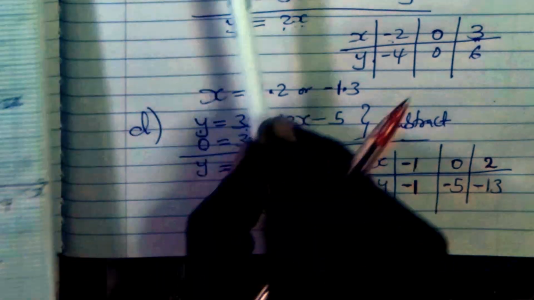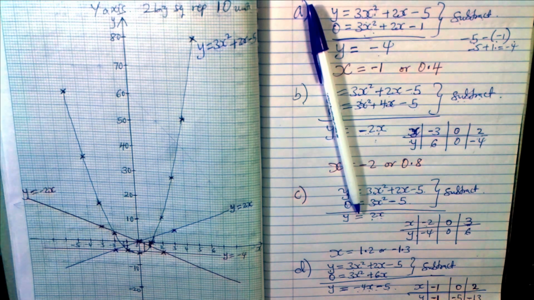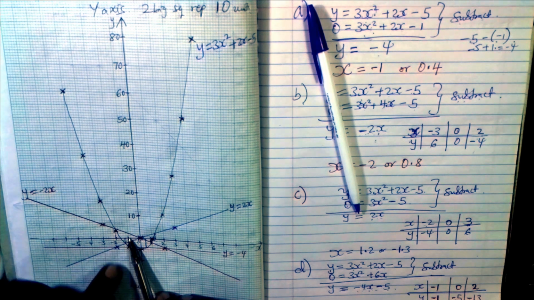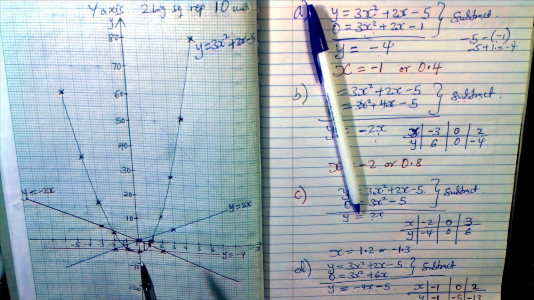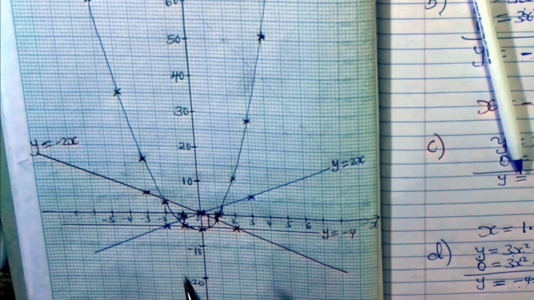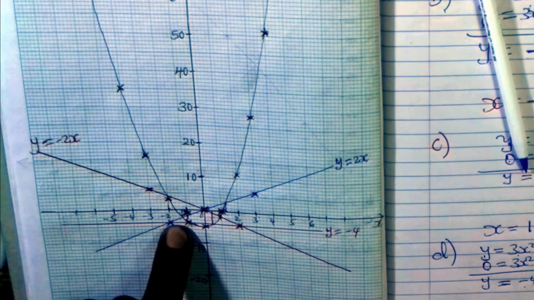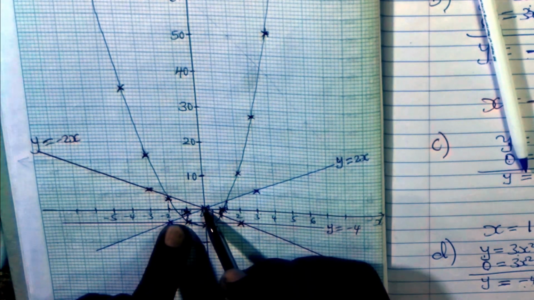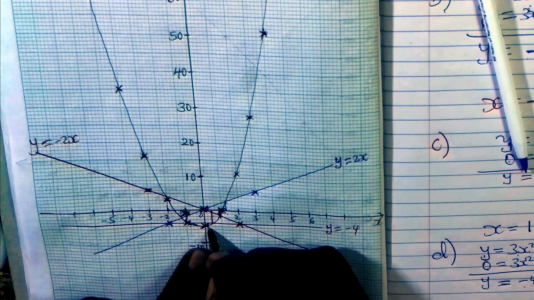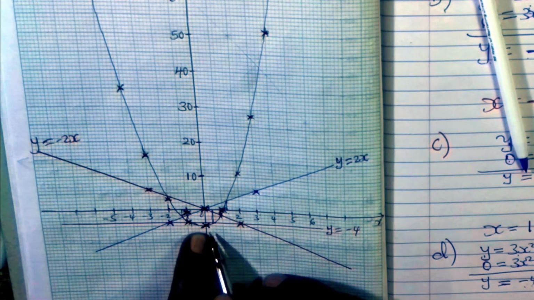And therefore, again, we do the same thing by plotting those points. So when x is minus 1, y is minus 1, so it will be at this point here. That's the point. When x is 0, y is minus 5, so again it's at this point here.